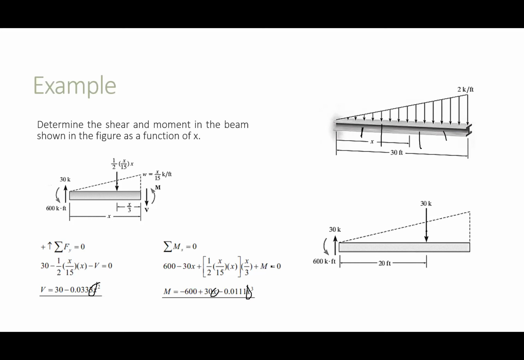Now, if the question is a specific point only in the beam, mas maganda na idirekta nyo na siyang ilagay dito instead of labeling this as x. So, mas madali yung ganun. So, kapag ang tanong is specific, change nyo na lang to dun sa kung ano man yung distance na hinahanap. Okay, so yun.